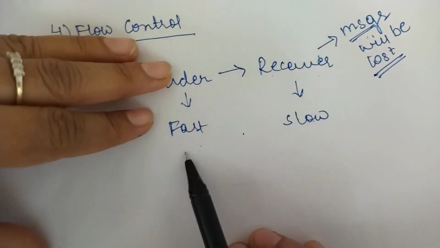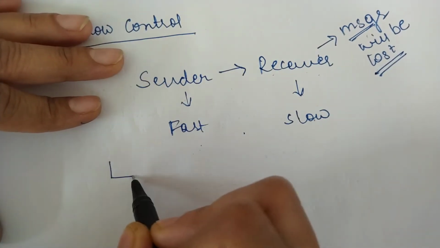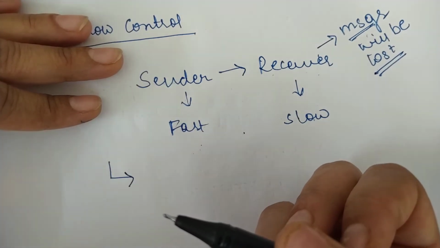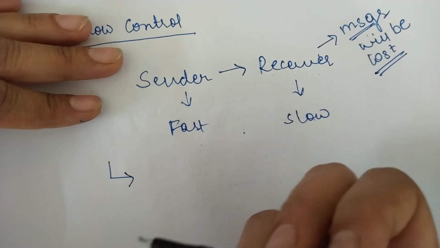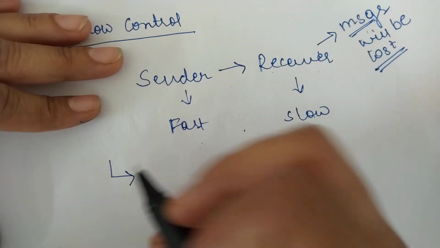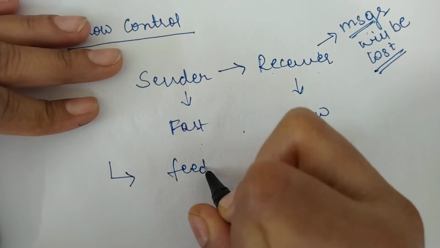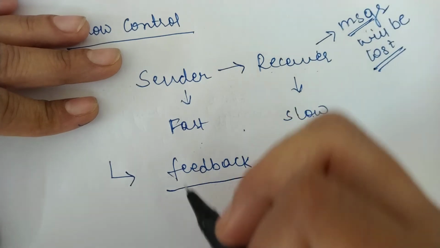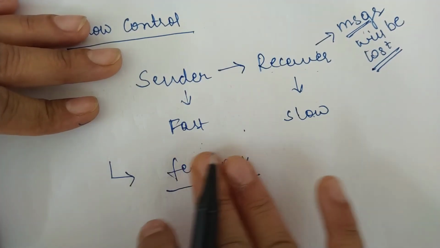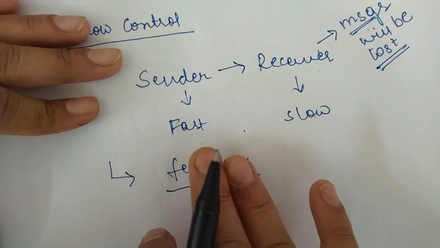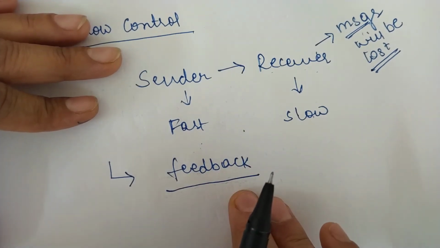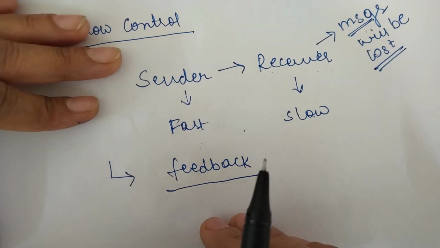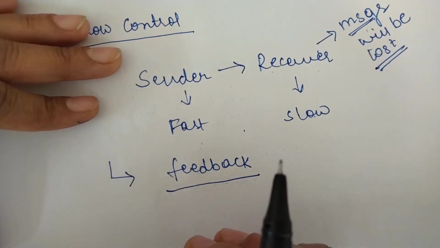Now this also we will study in detail later, but as of now there are certain mechanisms. First of all, you get some kind of feedback, right? The sender gets a feedback from the receiver that okay, I am not able to handle the rate at which you are sending the messages. So in this case, the sender slows its speed. Just like when I receive a feedback from you that ma'am, we have not understood what you've taught, I will repeat it for you, or I will explain it at a slower pace.